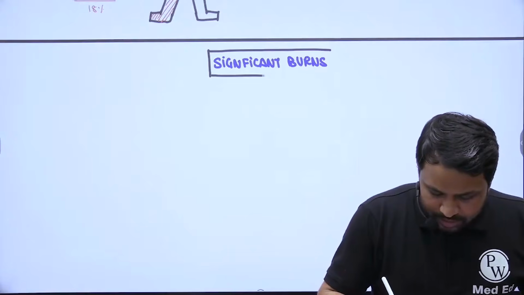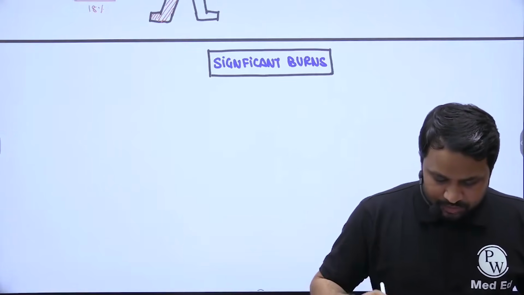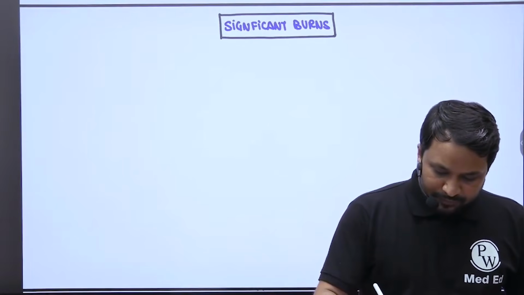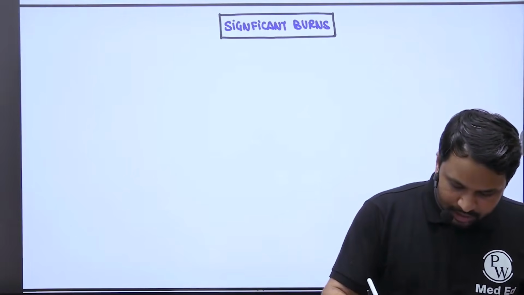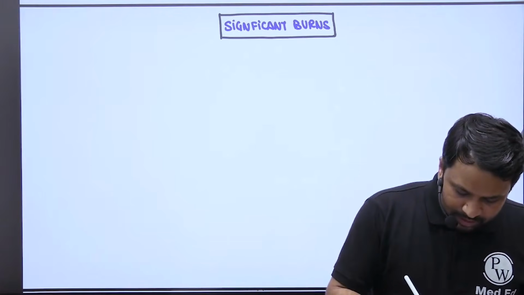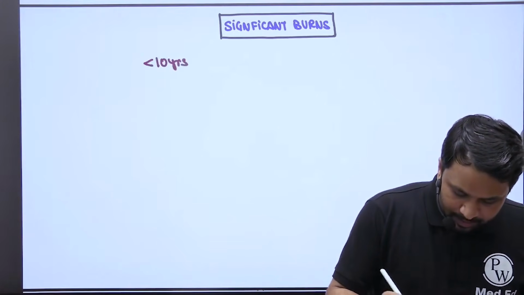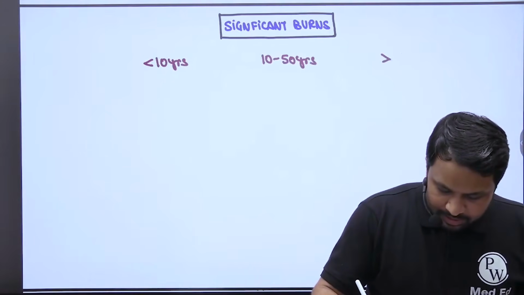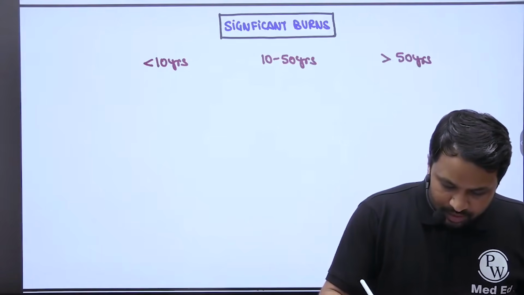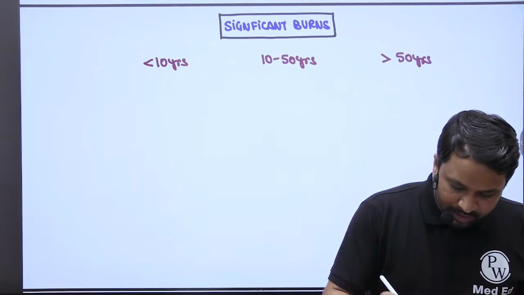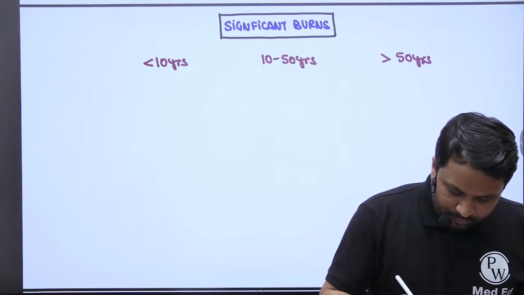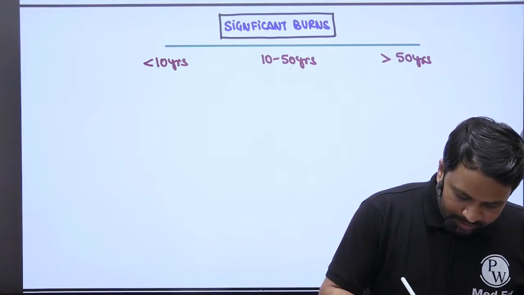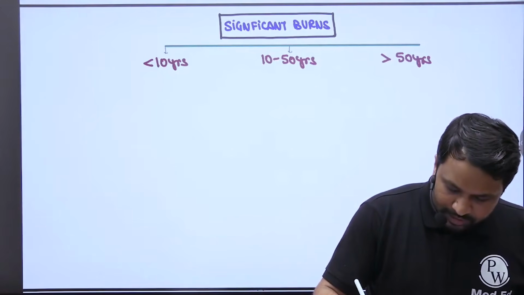A patient is known to have a significant burn if, let's say, age less than 10 years, age between 10 to 50 years, and age above 50 years, right? So when you talk about the significant burn, I should be knowing that it is age less than 10, age 10 to 50, or age above 50 years.